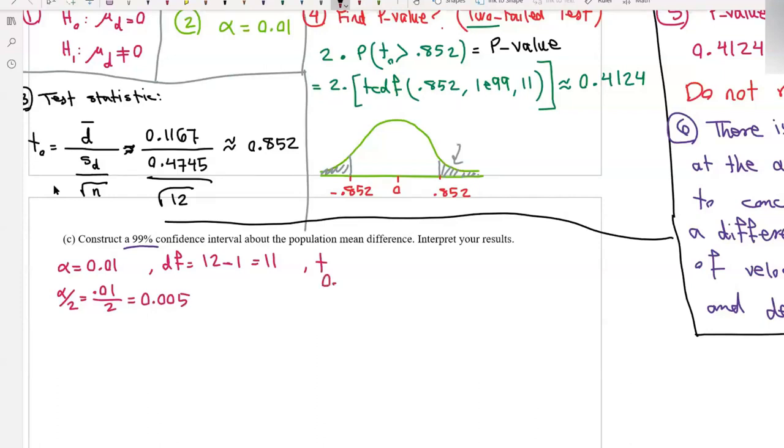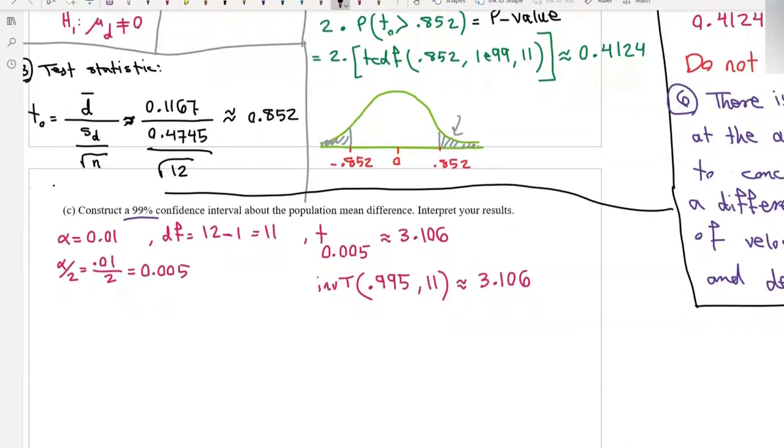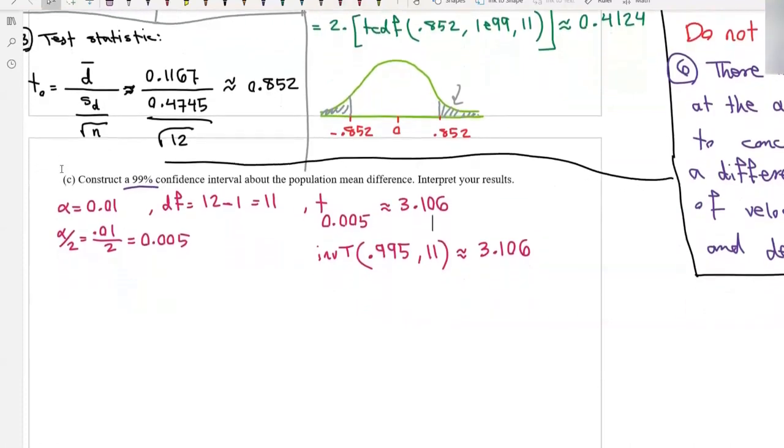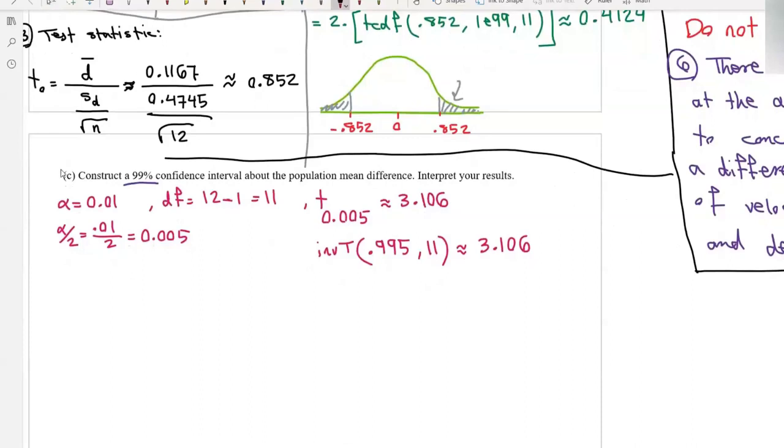So finding t, the area is 0.005. How we can find the answer for this part is, again, when area is given and we need to find t, you have to use inverse t. So this is the answer for our t. Now we can find the lower bound and upper bound of the 99% confidence interval.